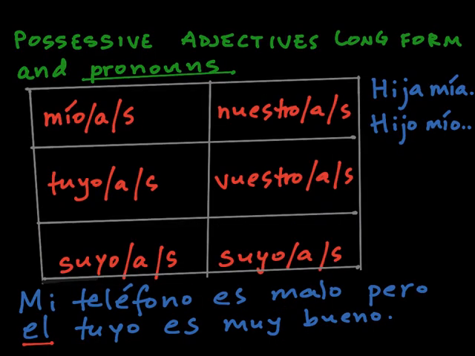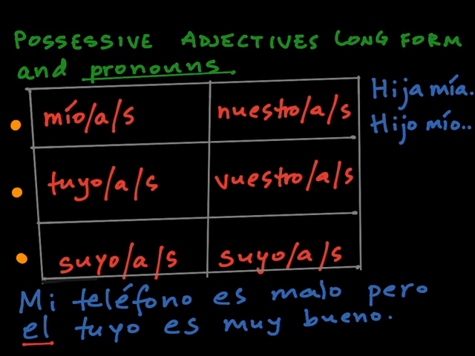Let's see the long form. It will be for yo, mío, mía, mías, míos. For tú, it will be tuyo, tuya, tuyas, tuyos.